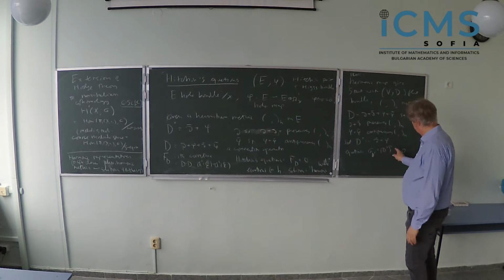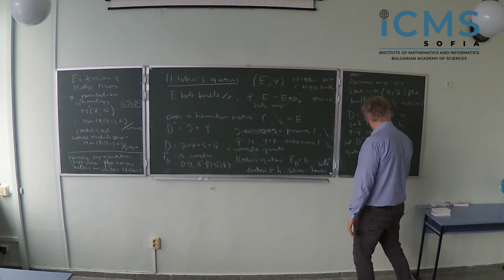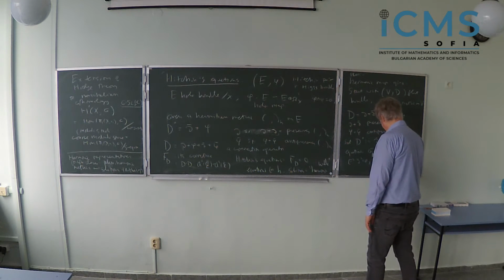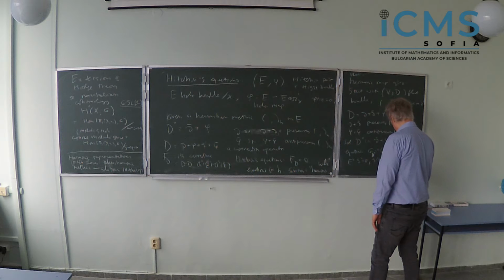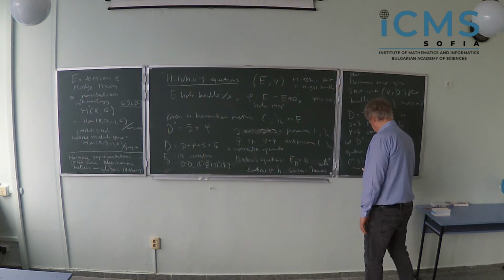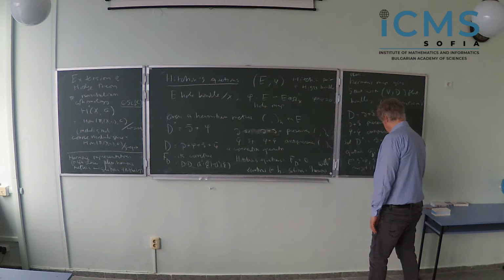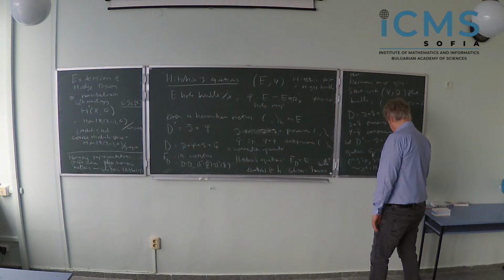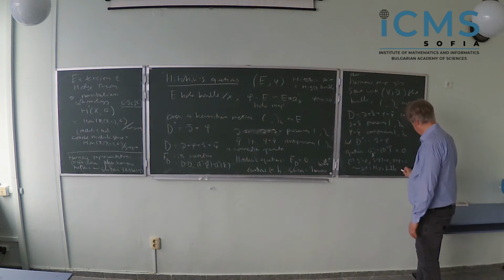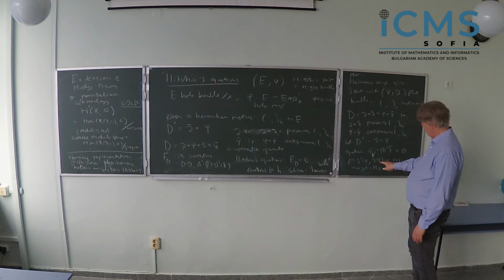If this operator squares to 0, then by looking at types, that's equivalent to del bar squared equals 0, del bar of phi equals 0, and phi wedge phi equals 0. So we get a Higgs bundle. This says we have a holomorphic bundle, and this says that phi is a holomorphic map.